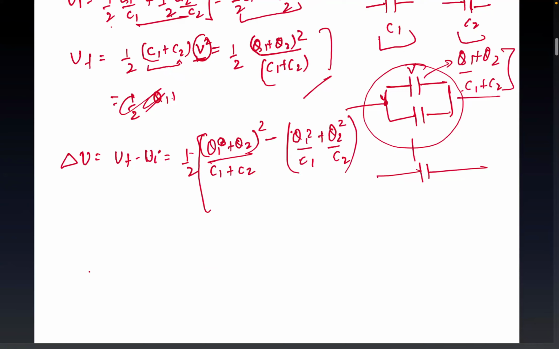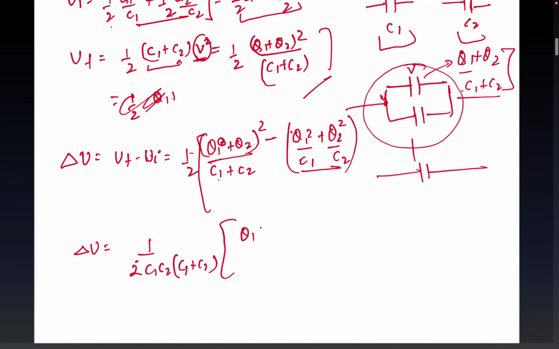Just simplify the equation. If you try to simplify the equation we have, we can get something like delta U. In the denominator I'll be having 1 by 2, C1 plus C2, C1 C2. Now if you see, we have to solve this part, right? How can we do this thing? It's simple.